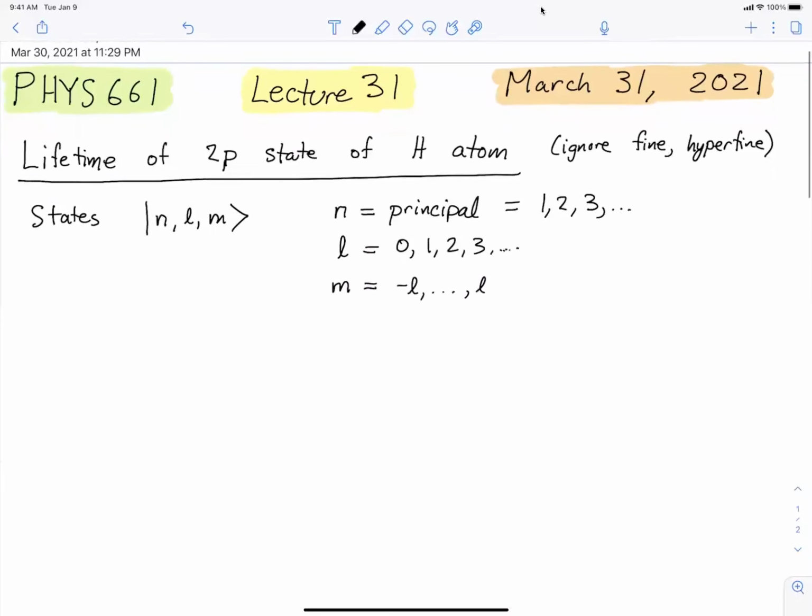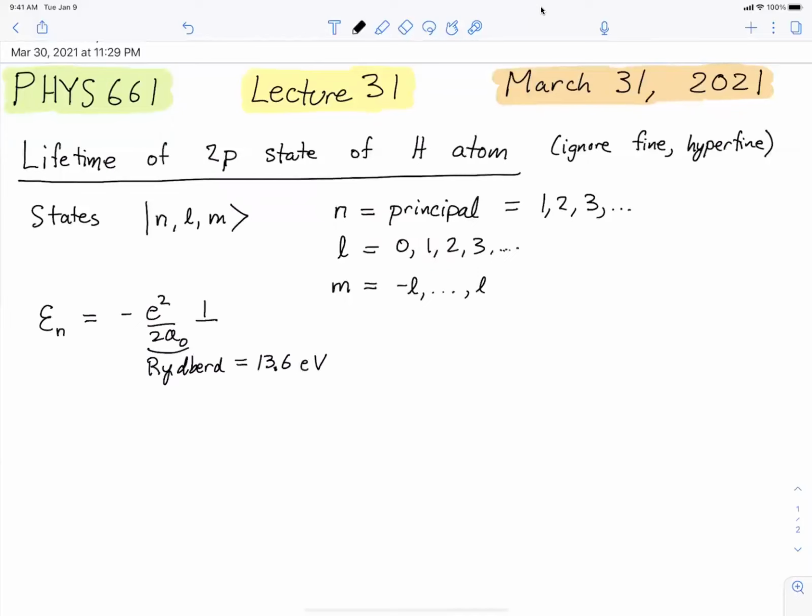And the energy of a state labeled n, l, m, remember, turns out not to depend at all on L and m. So it only depends on n. There's a degeneracy there. And it's minus that quantity, which is also known as a Rydberg. And it's famously equal to 13.6 electron volts.